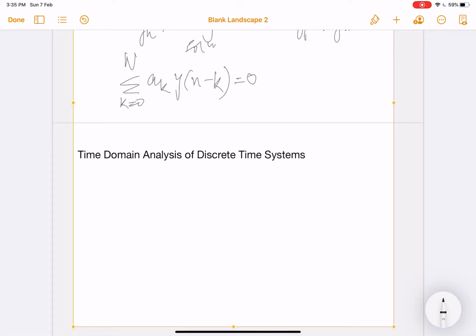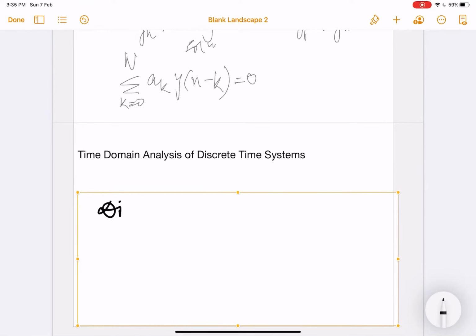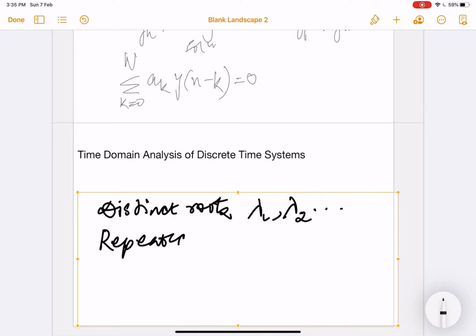We can either get distinct roots, that is lambda 1 and lambda 2 will all be distinct from one another, or we can also get repeated roots.